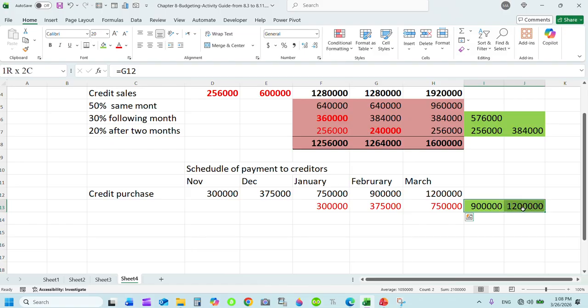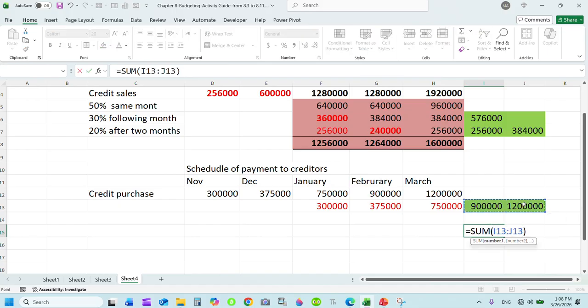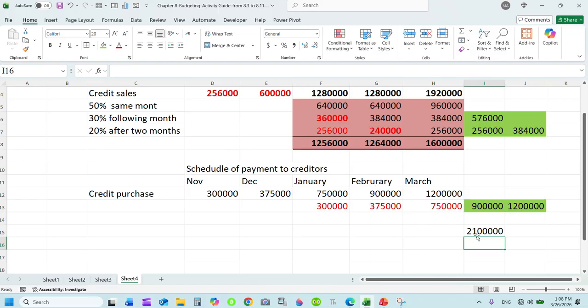These two creditors are the creditor balance, payments of creditors. These two creditors represent your creditors, 2.1 million.